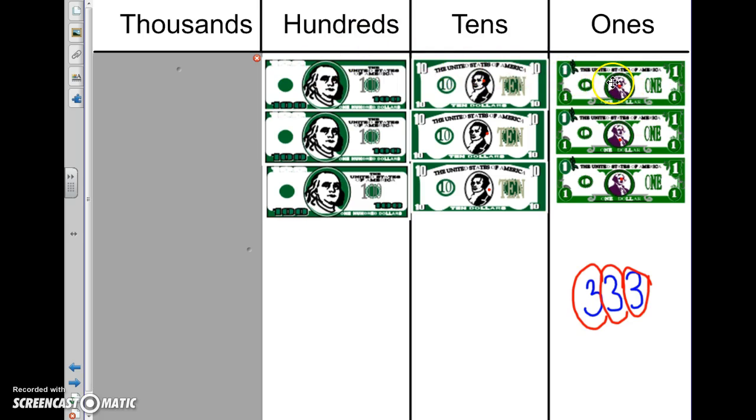Every time we move from this place value from the right over to the left one, what is happening to the value of each of those bills? In this place it's worth 1, right? But that same one bill here is worth 10. Or 3 turns into 30, even though it's the same amount of bills. So what's happening to that value? It is increasing by what amount?